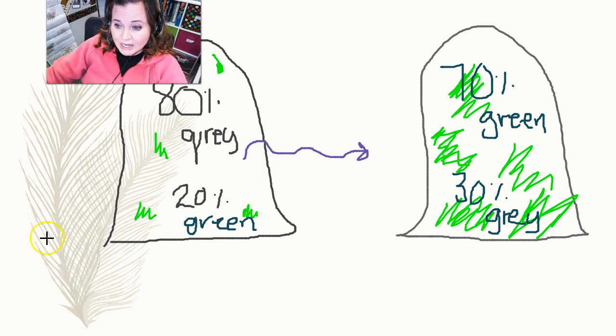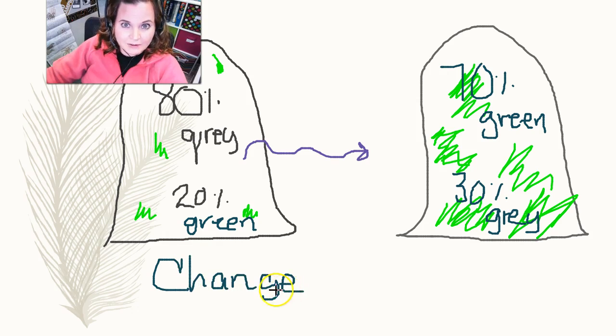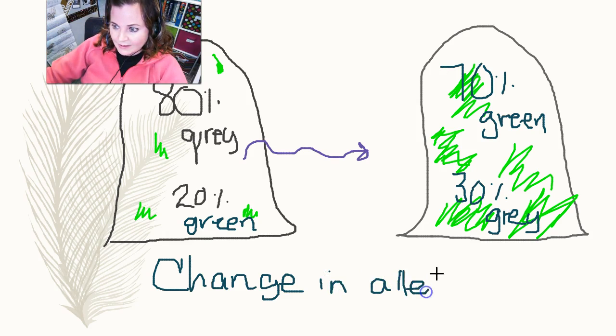This is called a change in allele frequency. Or we can call it a change in the phenotypic frequency. They're pretty much the same thing. We see more of the green alleles in the population than we did before.